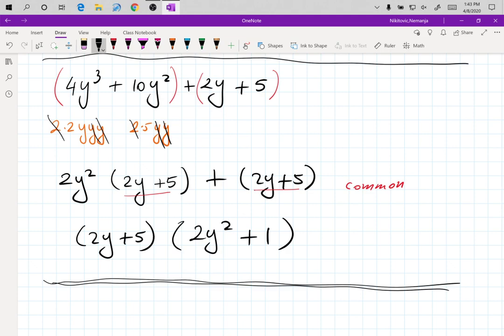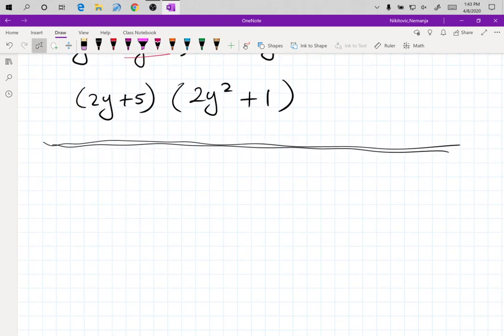Let's take a look at more of these. So this is when they are trying to trick you because they mess up the order. 6x cubed minus 5 minus 10x minus 3x squared.